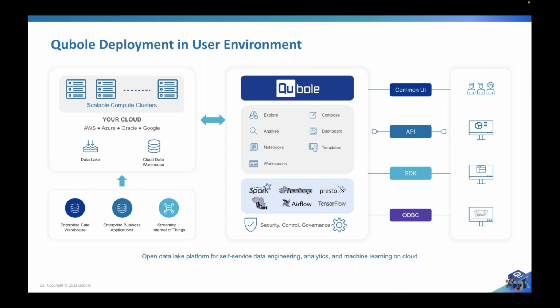Second is basically the APIs. Cubol has got a rich set of REST APIs which you can integrate with your application. Then we have SDKs, which are Java and Python. So if you want to integrate any of the Cubol features in your pipelines or in your coding, you can do that. Then finally, since we are talking about data analytics, there would be some features for which you would like to use your existing BI tools like Looker or Tableau.